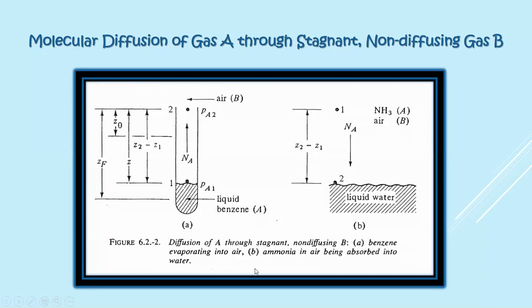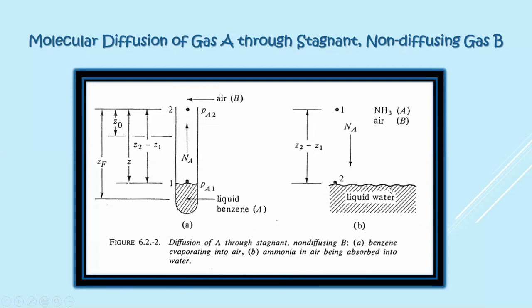Now, another scenario is in the case of ammonia in air, now being absorbed into water. So your ammonia, which is actually a contaminant when it's present with your air as a mixture of ammonia and air, is being absorbed in the liquid water. So the process of absorbing ammonia to water is for the ammonia to be separated from this air here.